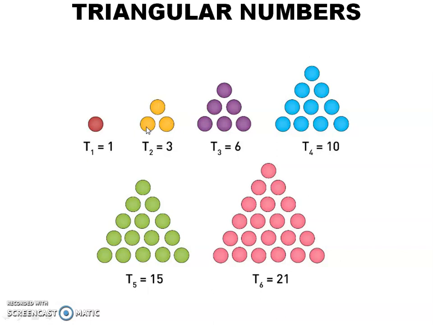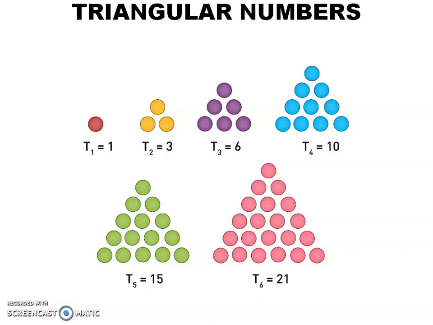With 3 balls, you can make a triangle. I am giving you 4 balls and asking you to make a triangle. Is it possible? No. If I give you 5 balls and ask you to make a triangle, that is also not possible.